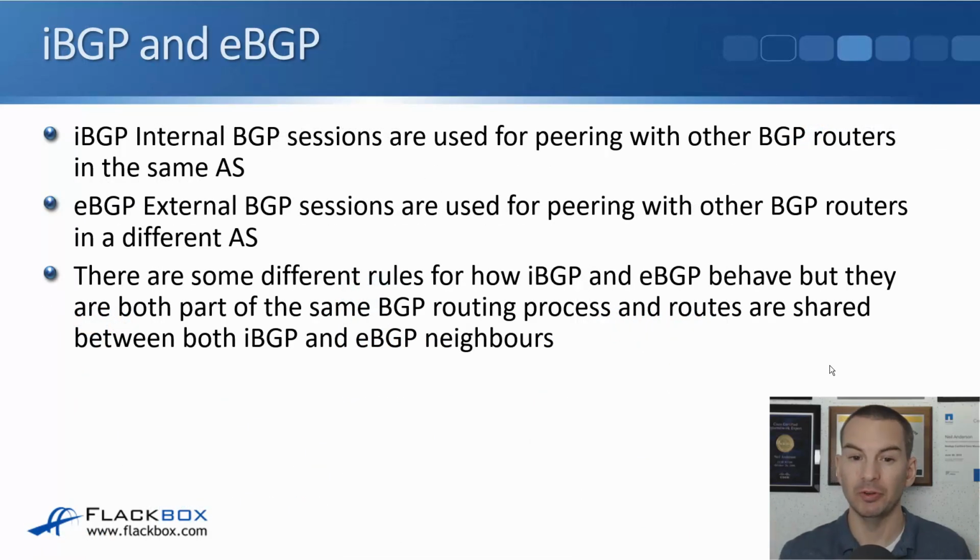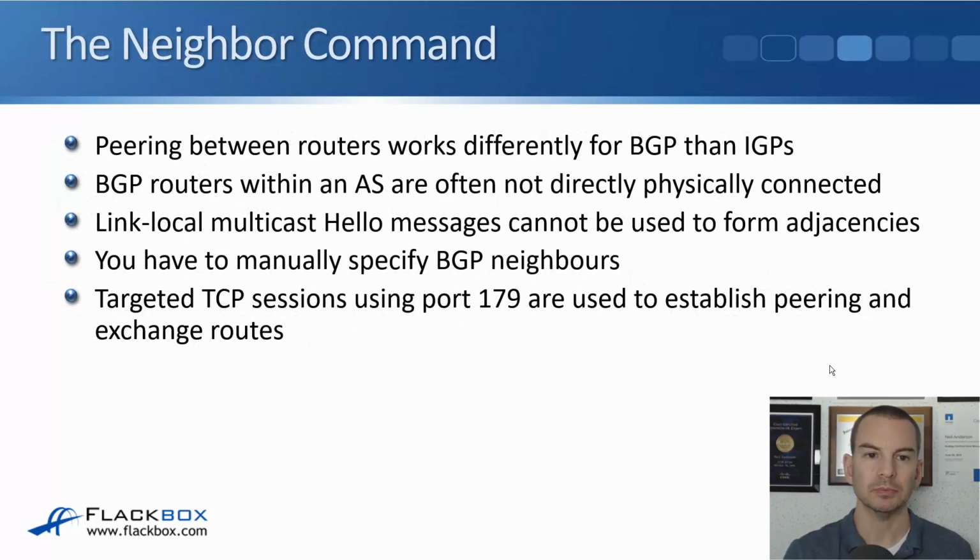There are some different rules for how iBGP and eBGP behave, but they're both part of the same BGP routing process, and routes are shared between both iBGP and eBGP neighbors. The differences between iBGP and eBGP are not important here. If you go on to do CCNA Service Provider or take BGP at the CCNP level, you'll learn about them then.